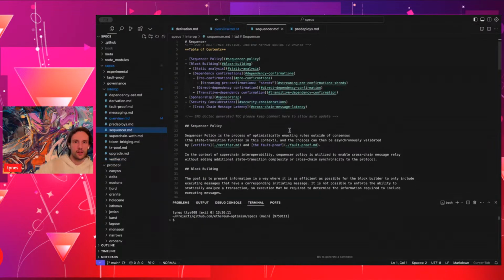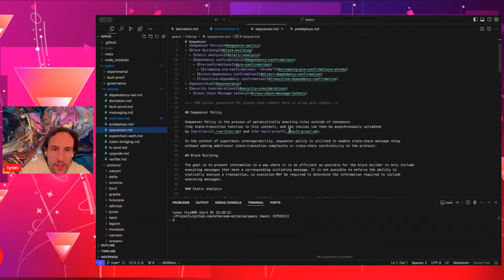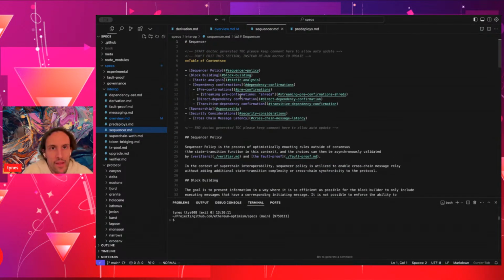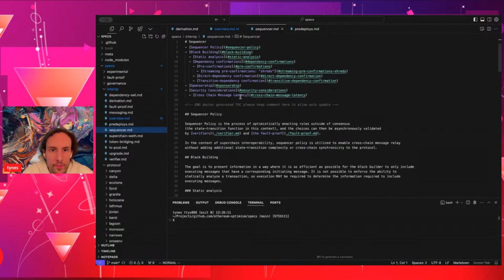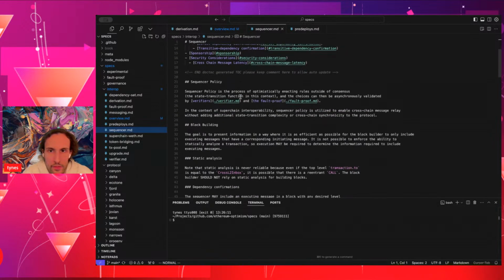So let's talk about the sequencer. I think the sequencer page needs a little bit of love. All right, so sequencer policy.